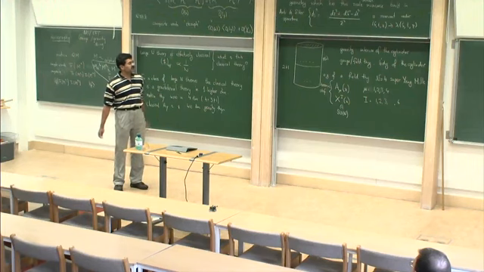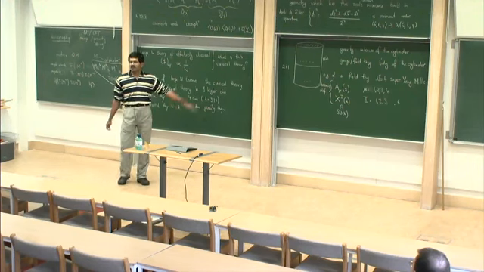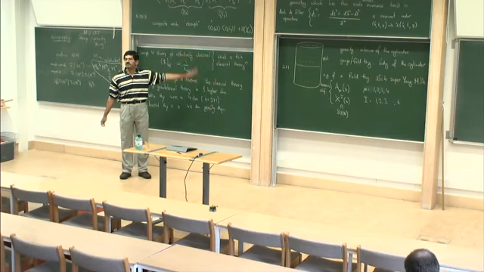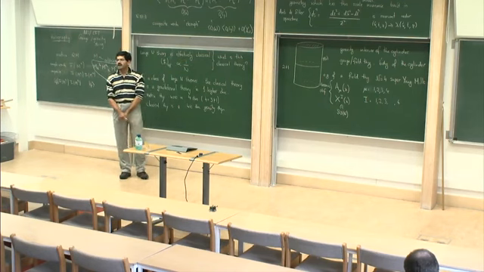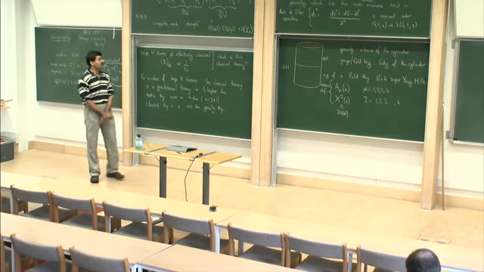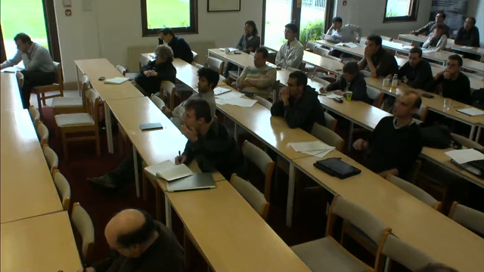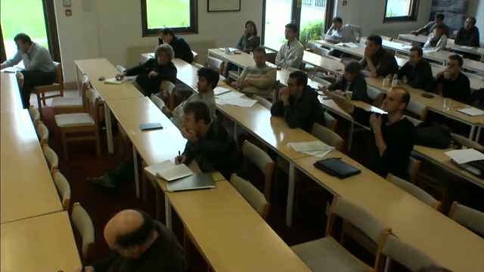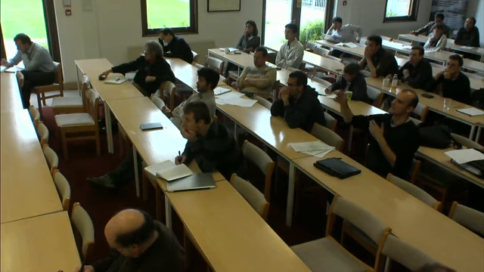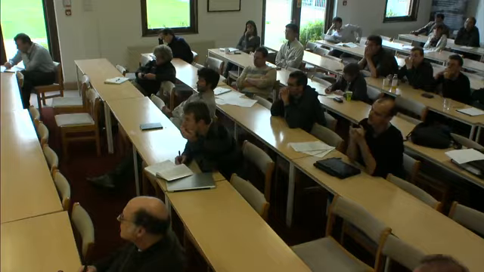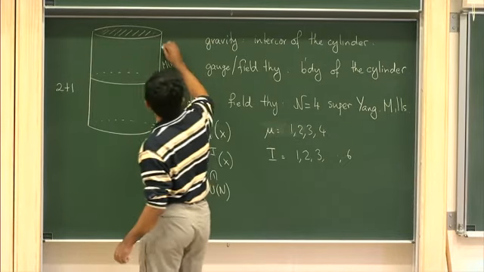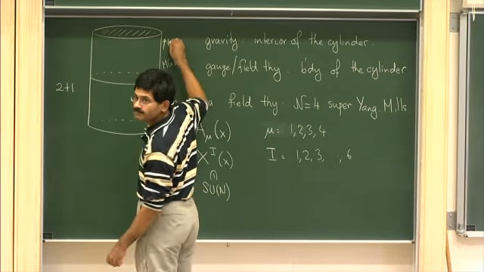Now I was going to tell you a bit more about what we know about entanglement structures, but maybe I should stop here to ask if people have any questions about the basic statement. Where are the S square, Z, X, T on this cylinder? Thank you. T runs up.